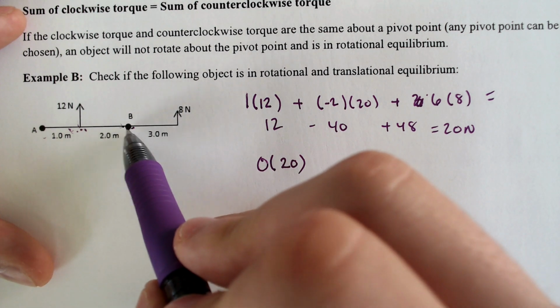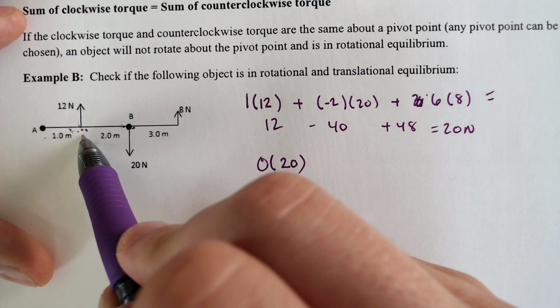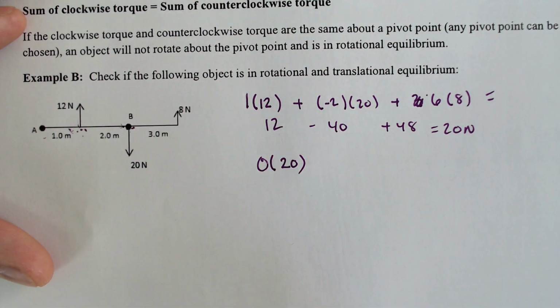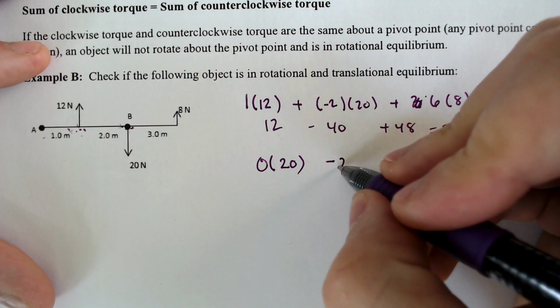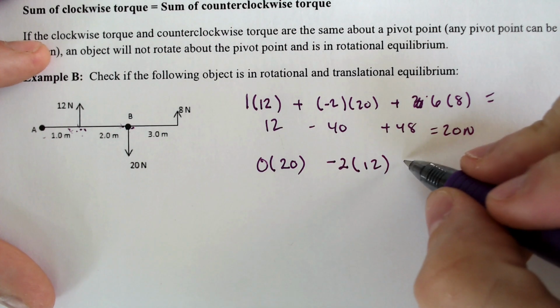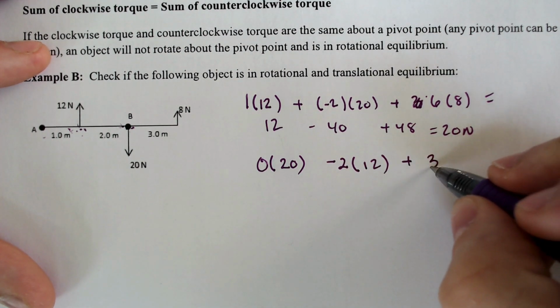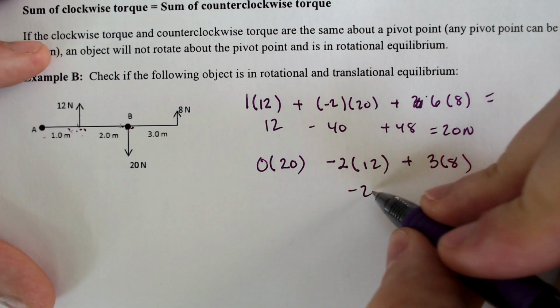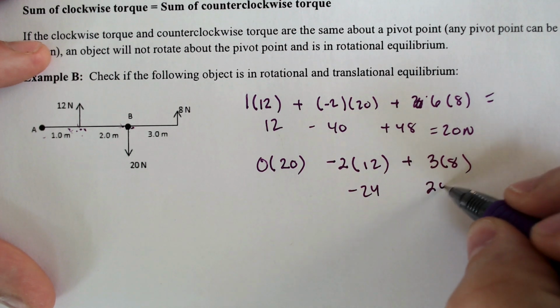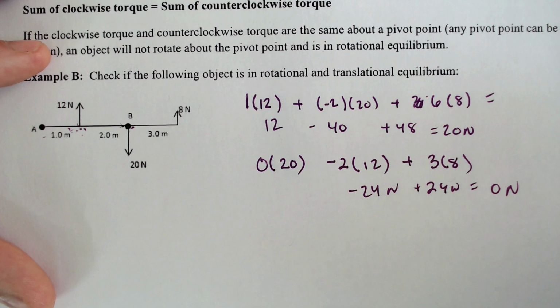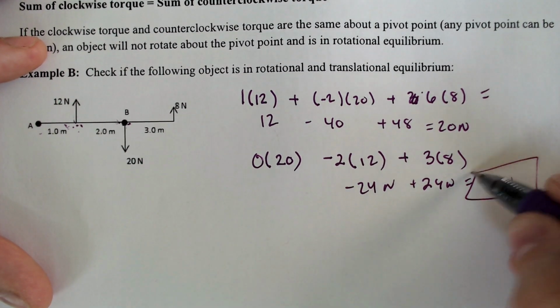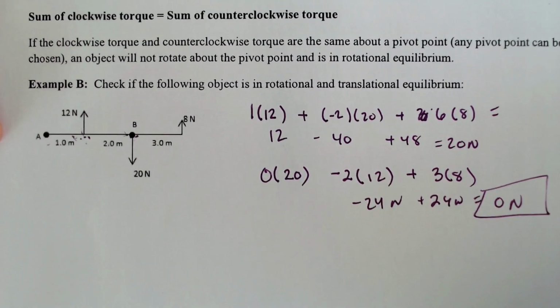Another way you could think of it is if it's to the left of the pivot point, it's going to be the opposite of the direction that it's facing, okay? So this is going to be negative 2 times 12, and then how does that compare to the positive 3 times 8? Well, that would be negative 24 and positive 24 newtons, and those would cancel each other out, giving you 0 newtons, and therefore we'd be in rotational equilibrium, okay?